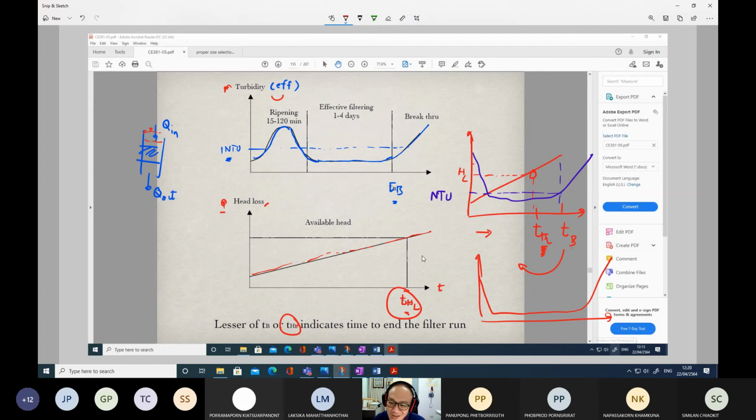So after backwash, turbidity will decrease. Initially, it may increase, but after operating for some time. Why during the initial times of the operation will the turbidities increase? Because some of the accumulated dirt may be coming out.